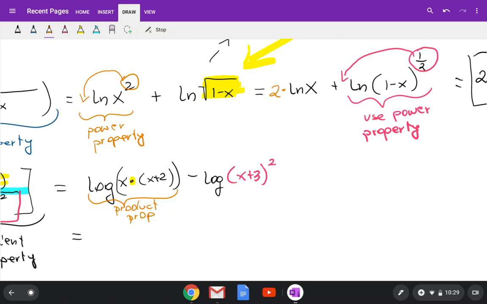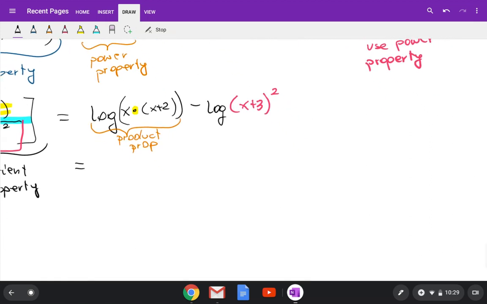After this example, I will stop and record one short video about how to condense. So log of a product is equal to the sum of logs.